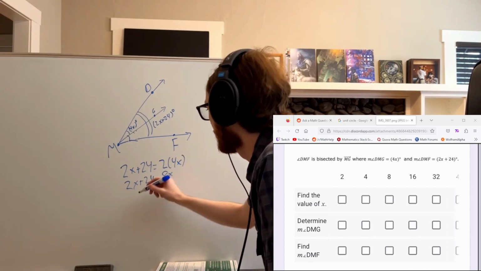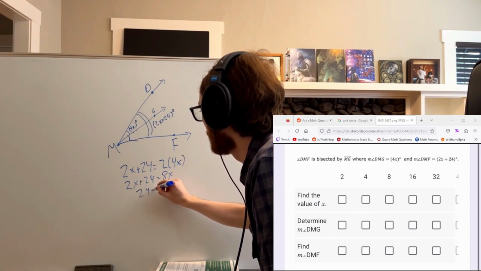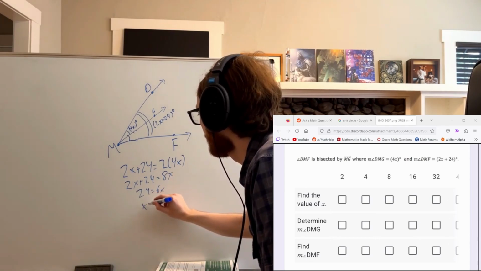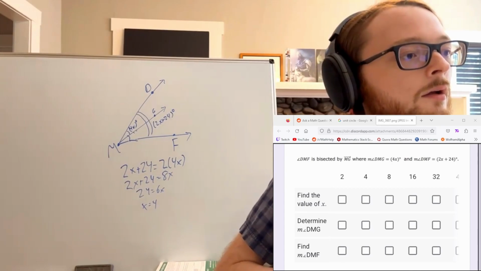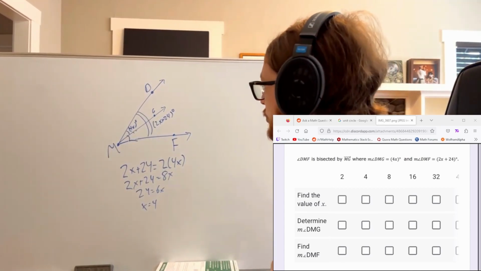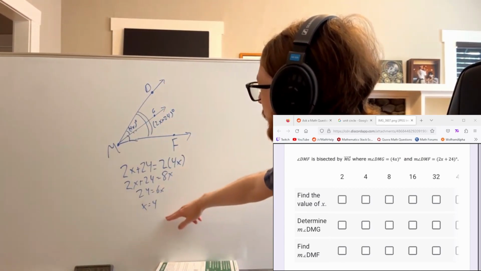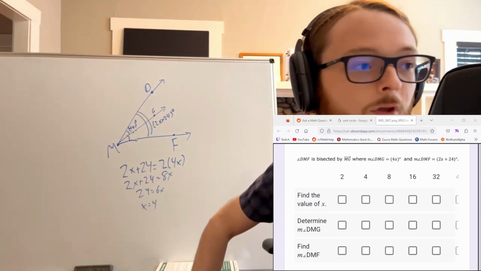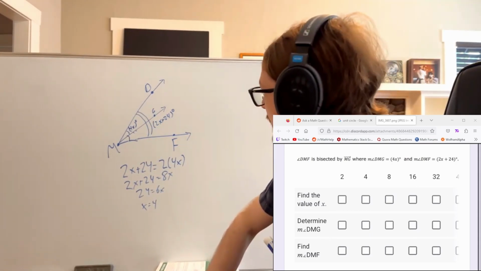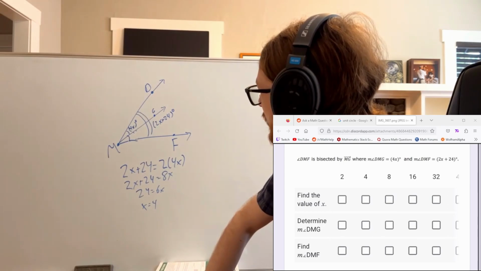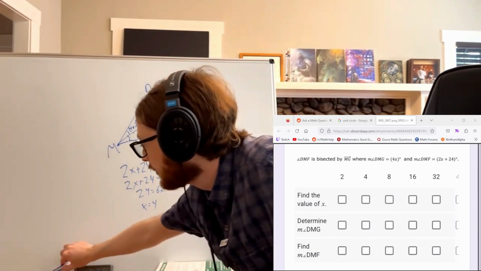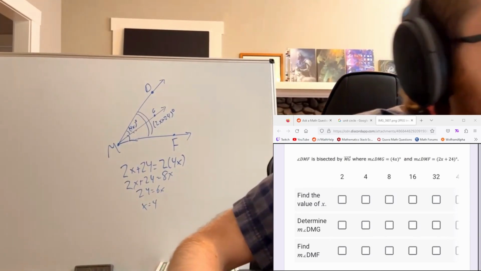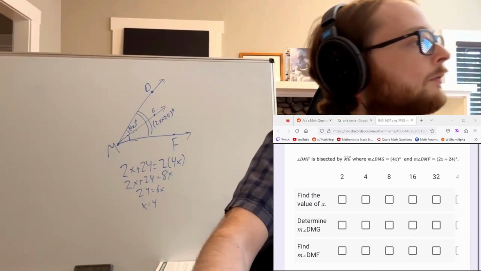Then we just solve this for x. 24 is equal to 6x, x equals 4. That's what Maxi said, I think, too. And so that means DMG, if x equals 4, then 4x is 16. And DMF, if x equals 4, is 32. But we're not going to say the entire thing. We're going to give this person a hint.